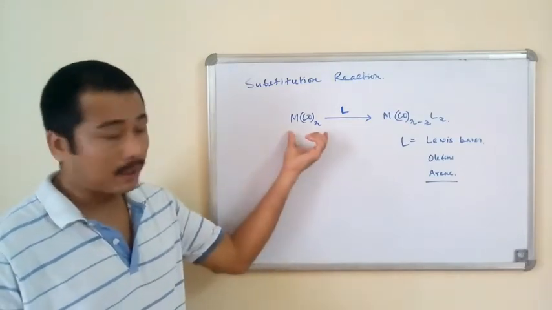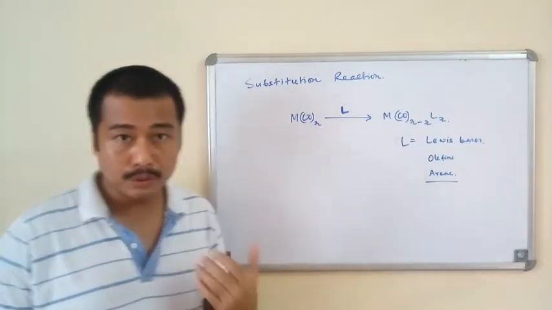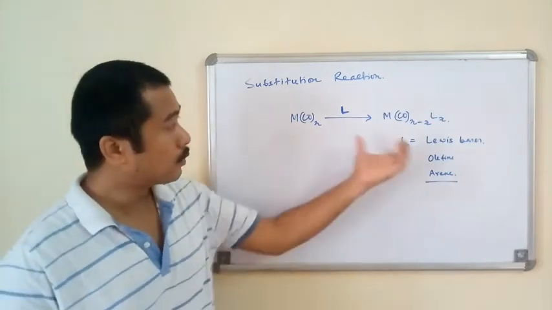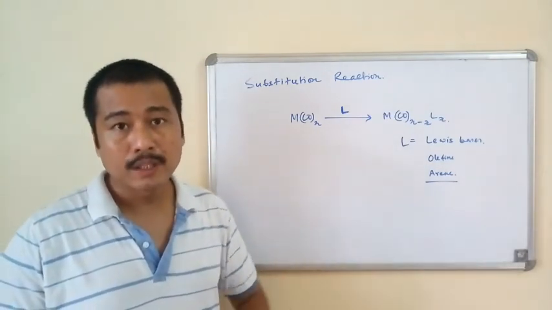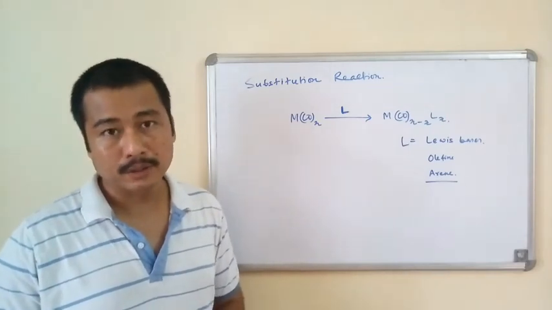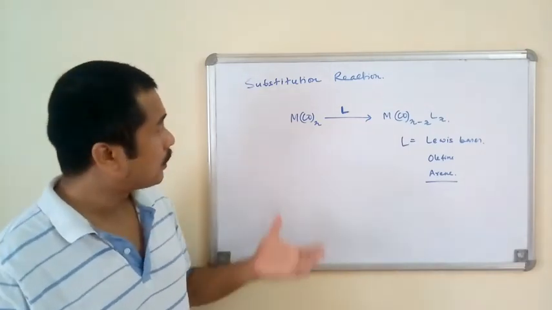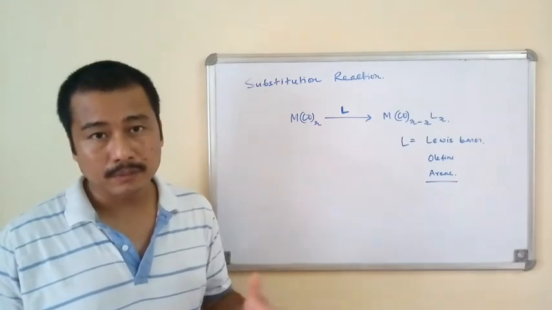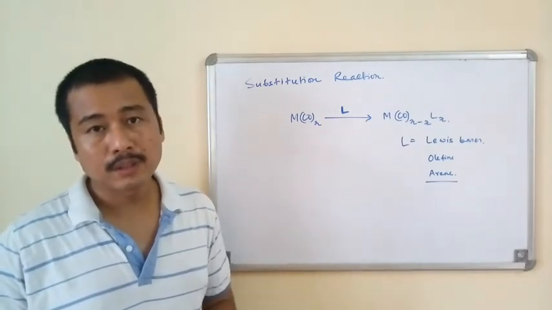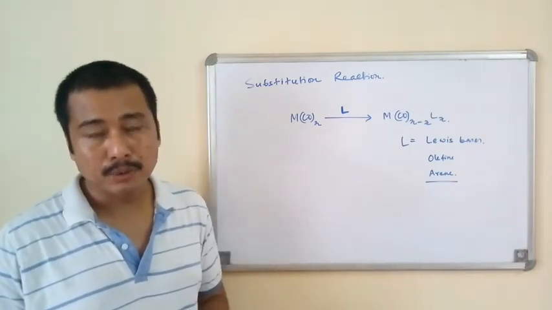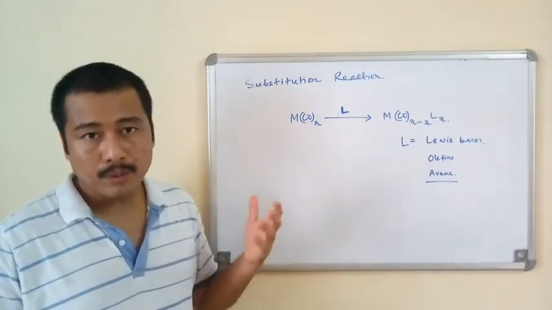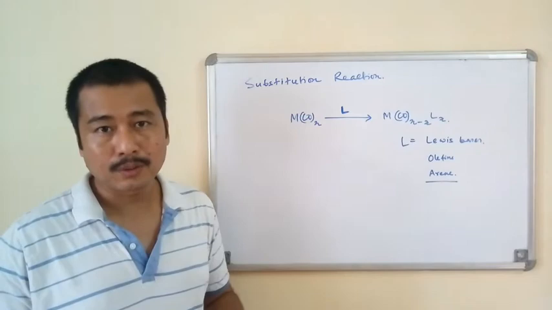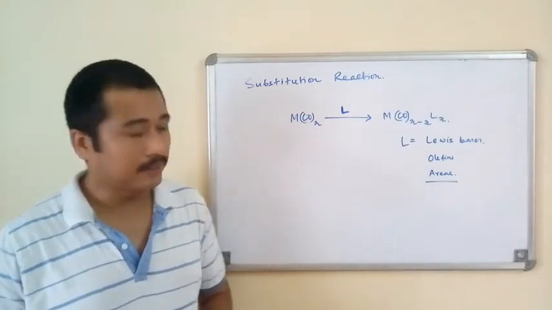One can start with carbonyl complexes and then do substitution with the desired ligand to produce complexes of your desired ligand with metals in low valent oxidation state. So that is how the substitution reaction has become a very important reaction in organometallic chemistry, because it serves as a tool to produce low valent metal complexes of different desired ligands.